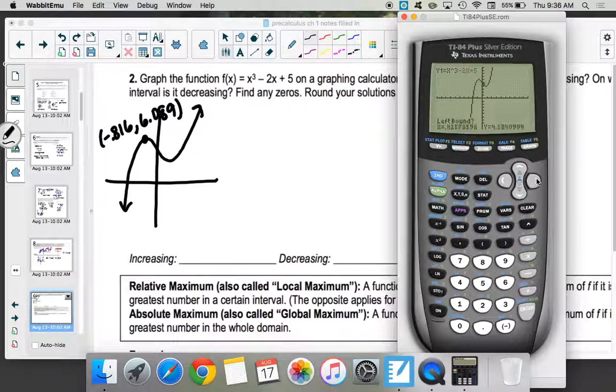I get on the left side of what I want, I hit enter, then the right side of what I want, I hit enter, and then I go to exactly where I think it is and hit enter again. So it says the minimum is 0.816, 3.911. Okay, did you guys get all those numbers?